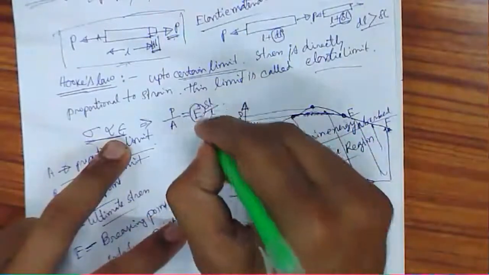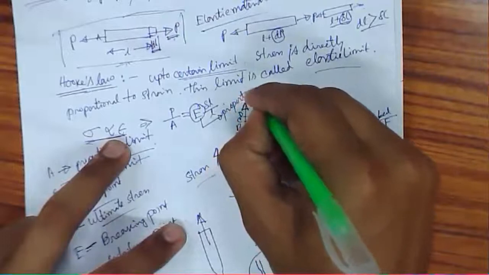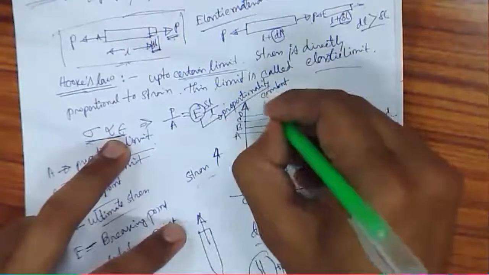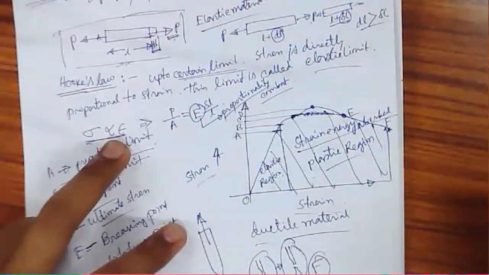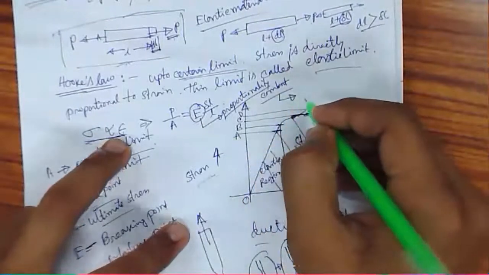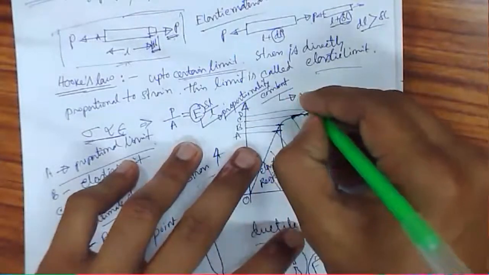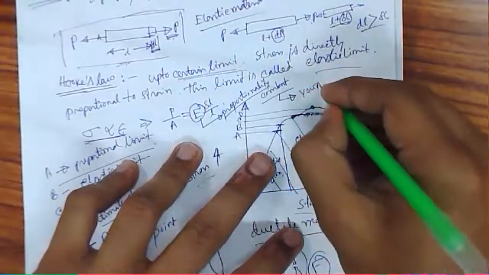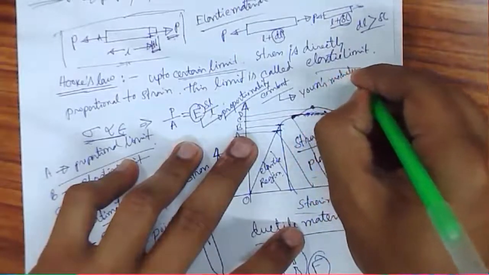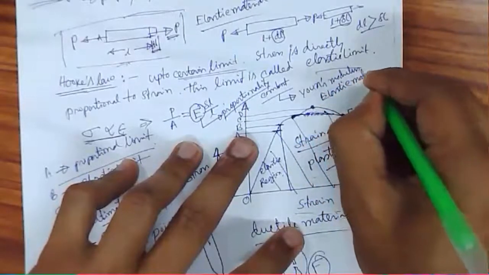Now this E is called the proportionality constant. Okay, this proportionality constant is named after the scientist Young, so we call it Young's modulus, or we also call it elastic modulus.